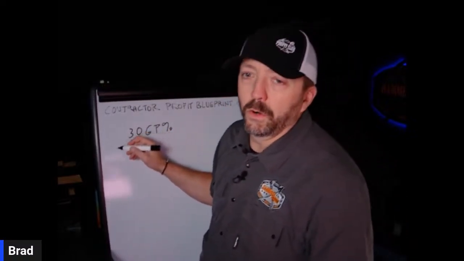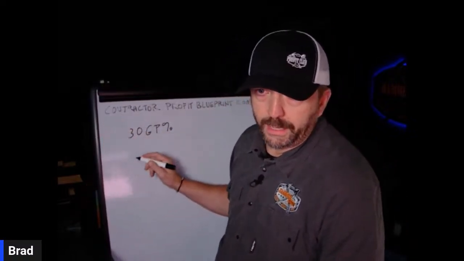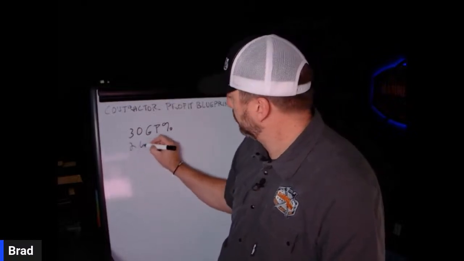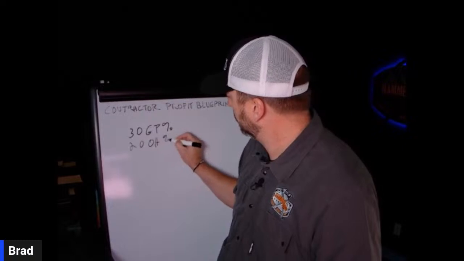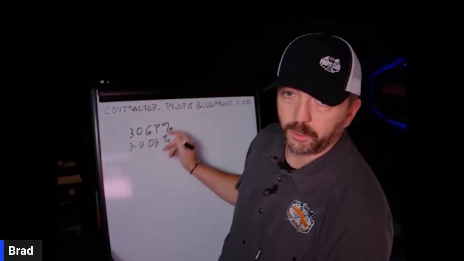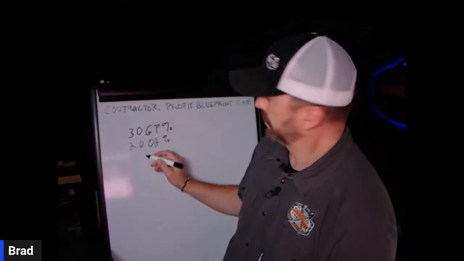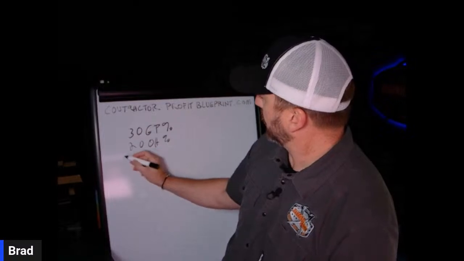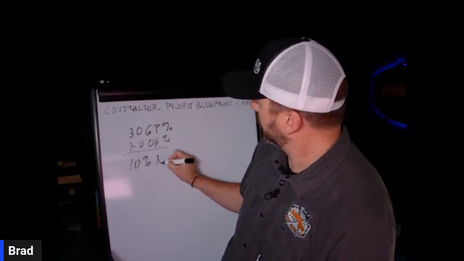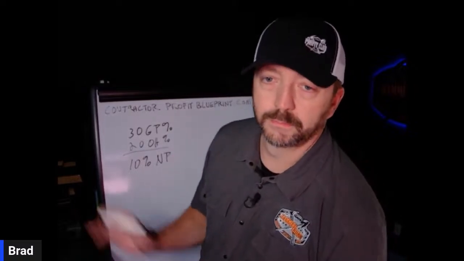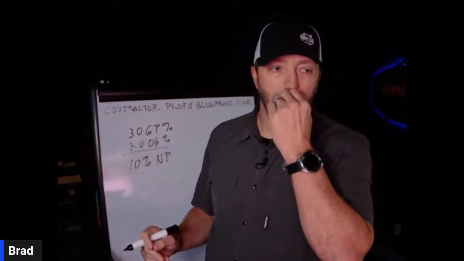And let's say your total overhead takes up 20% of that. Okay, 20% overhead. I know my percentage is to be over there, but whatever. That leaves you with 10% net profit. Pretty simple math.